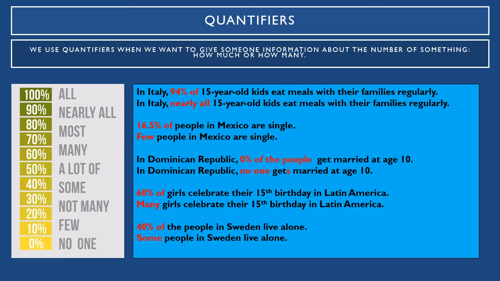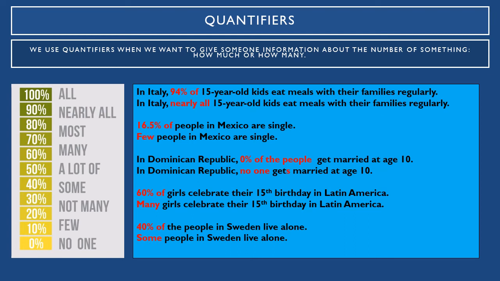Another way to say that is, in Italy, nearly all 15-year-old kids eat meals with their families regularly. If you check 94% of, we can change it for nearly all, because nearly all is almost everybody. So 94% of, nearly all.